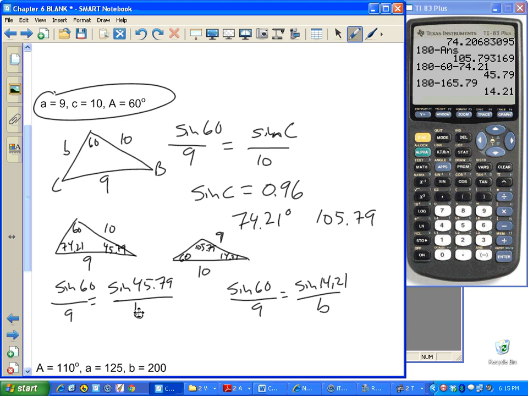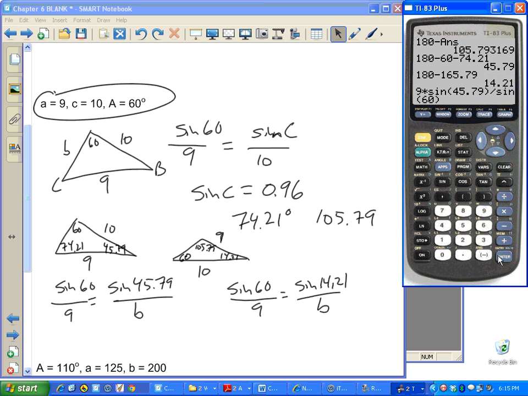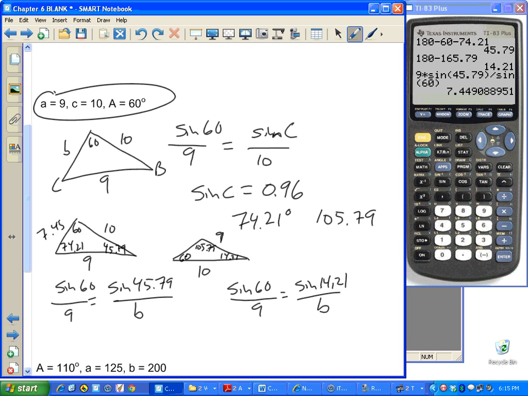So let's solve for B in this one. 9 times sine of 45.79 divided by sine of 60, 7.45. And let's solve for the other B. So 9.